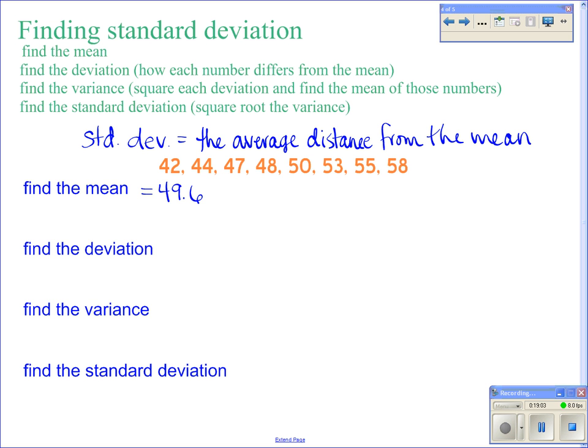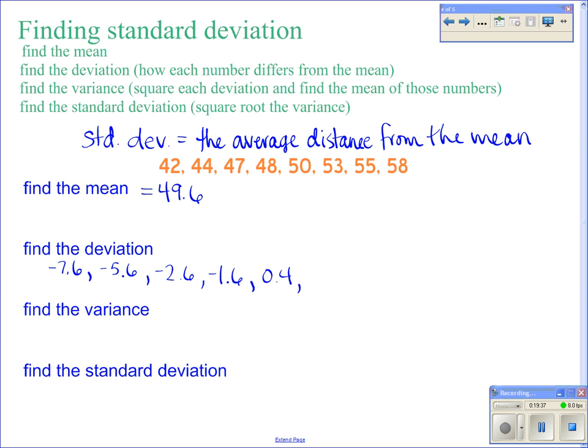So 42 minus 49.6. 44 minus 49.6. 47 minus 49.6. 48 minus 49.6. 50 minus 49.6.